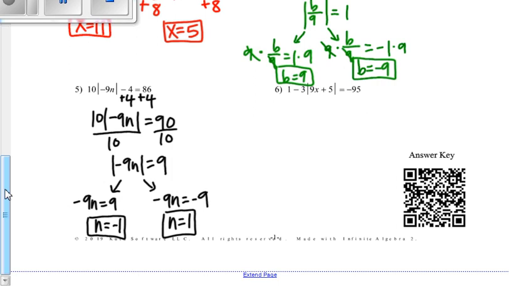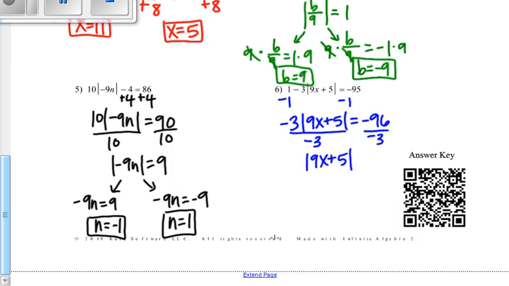And then our last example for this target, number 6, I'm going to subtract 1 to start off with and divide by -3. So I have the absolute value of 9x plus 5 equals, I think that's 32. So now I'm going to create the two equations.